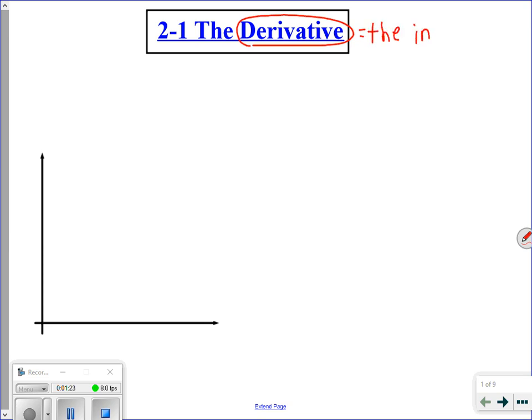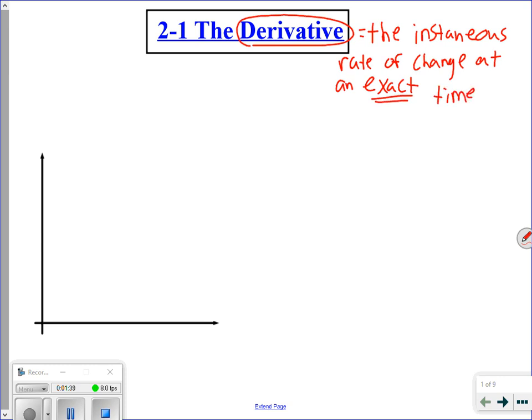It is the instantaneous rate of change at an exact time. Okay. So normally with average rate of change, we need 2 points in order to do this, but we are looking at one exact time, and that's just going to be one x value. Okay, just one x value.